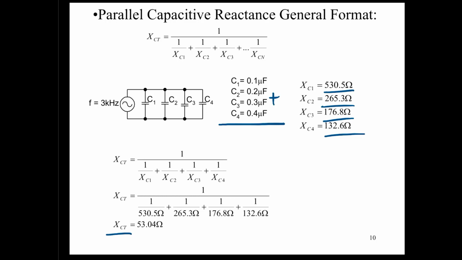So what would that be? That would be 0.1 plus 0.2 plus 0.3 plus 0.4, which I think would give you 1 farad, right? 1 farad of capacitance.